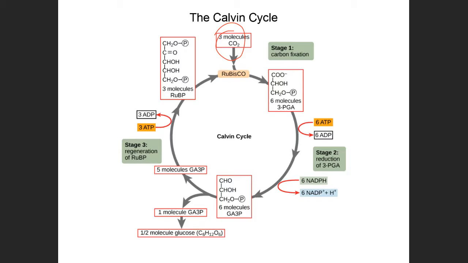This is catalyzed by an enzyme that we call Rubisco. Ribulose bisphosphate is a 5-carbon molecule, the one that will integrate the CO2, with the Rubisco enzyme, into a 6-carbon molecule that becomes 3-phosphoglycerate, 3-PGA.